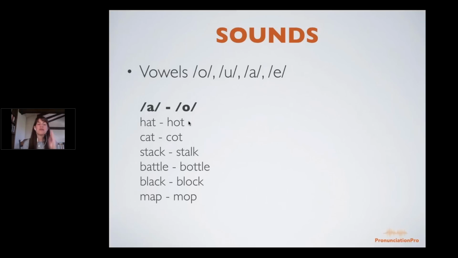Yeah. So very close. Let me explain the mouth position here. So this one tends to be a little bit wider and more open. It's a little bit further back in your mouth if that gives you a clue.